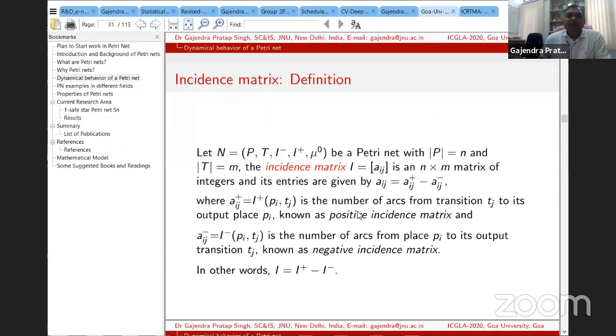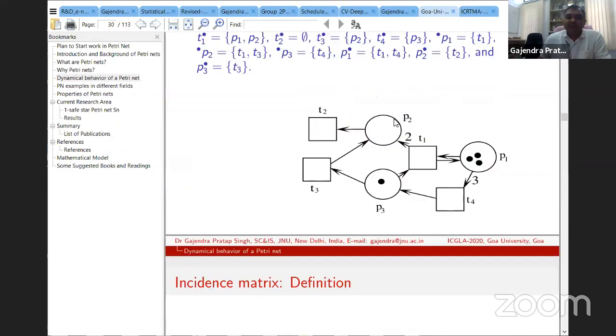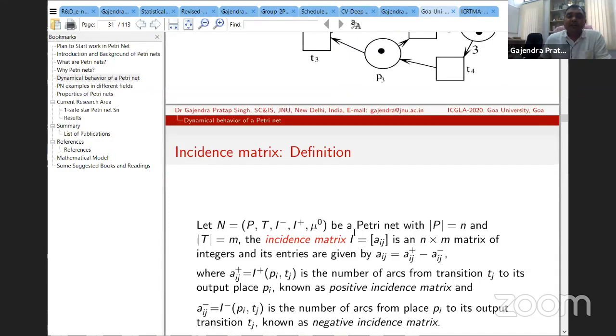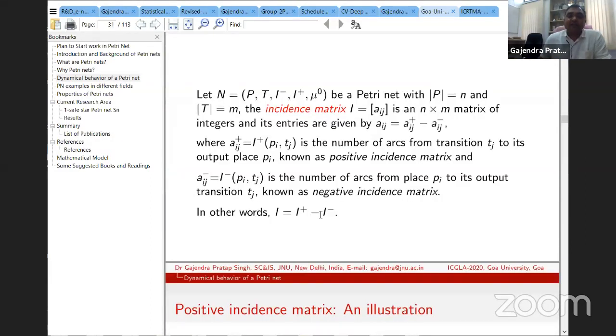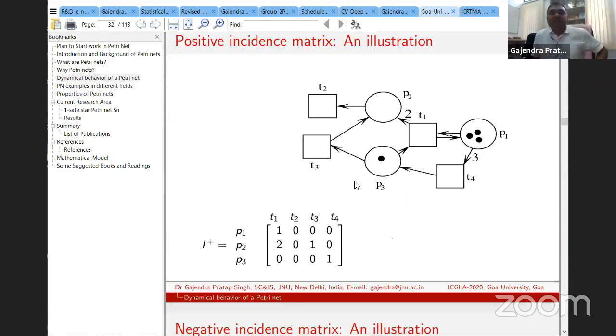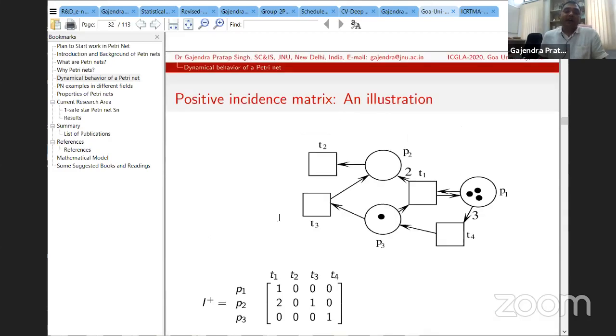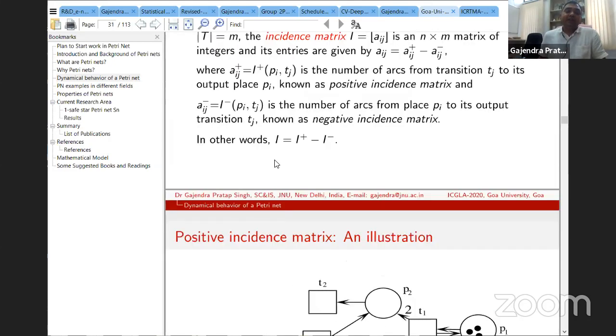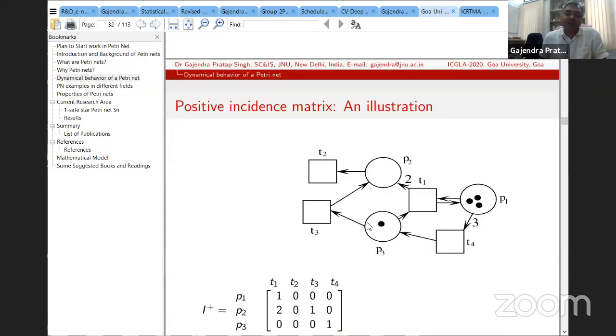We can also express this Petri net in the form of an incidence matrix, just like in graph theory, digraph theory. So here I plus and I minus are two types of matrix, and the difference I plus minus I minus is the incidence matrix. I plus is the positive incidence matrix. How can we construct the positive incidence matrix here?